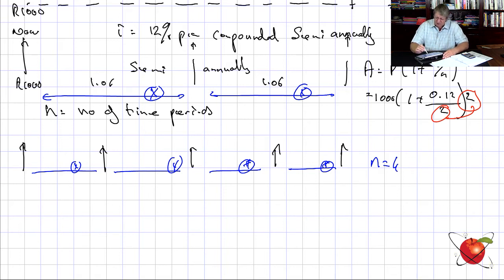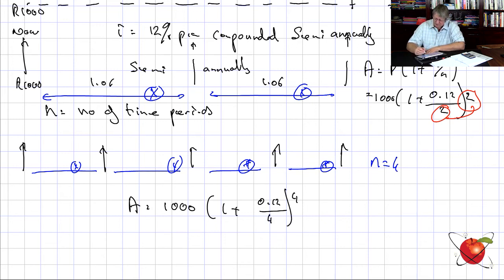So I have to adjust my interest rate formula, and I therefore say that the amount is equal to 1,000 times (1 plus 0.12 divided by 4), all to the power of 4.